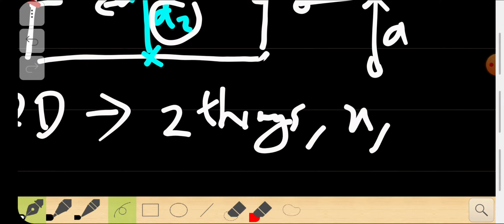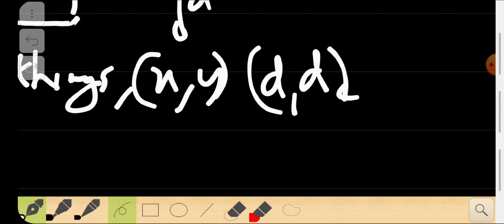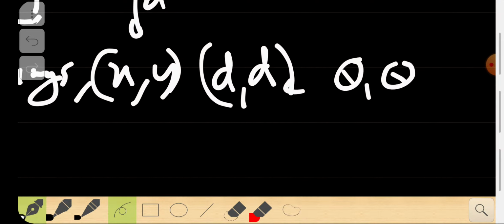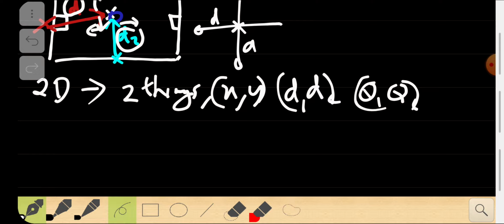It can be x, y, a coordinate system. It can be d1, d2, two distances. It can be theta 1, theta 2, two angles of some line. It can be anything, but it has to be two.